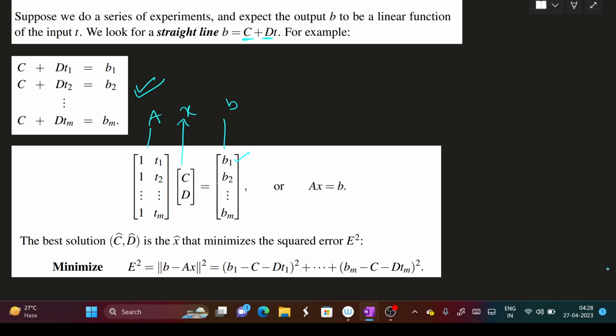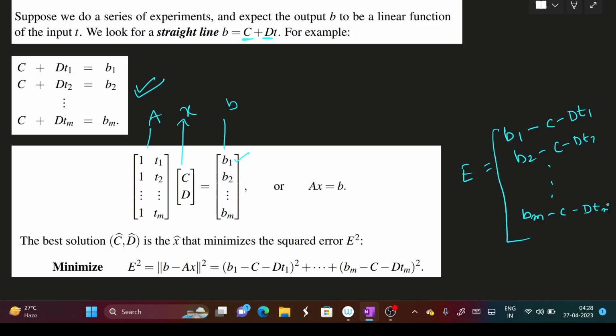Similarly, the error E is a vector: B1 minus C minus DT1, B2 minus C minus DT2, and so on, up to Bm minus C minus DTm.